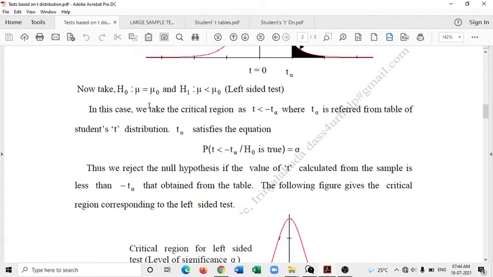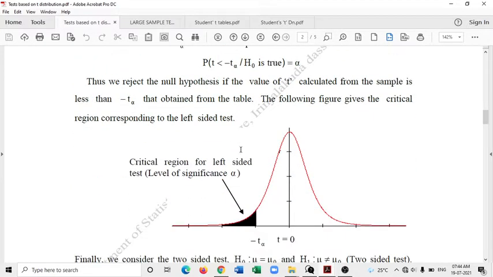Likewise, when the test is left-sided, we take H0 mu equal to mu 0 and H1 mu less than mu 0. Then the critical region is t less than minus t alpha. That is the equivalent sector coming on the left side of the frequency curve of students' t distribution, and this left-sided tail section, the shaded area, is alpha.